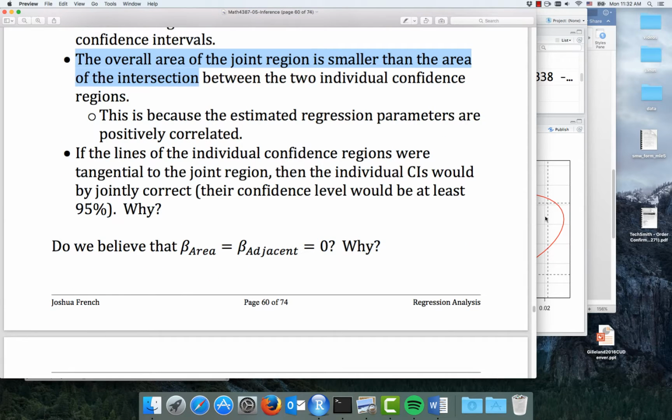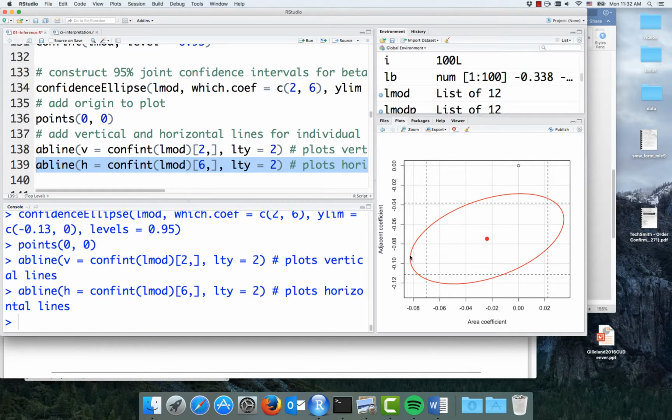And if the lines of the individual confidence regions were tangential to the confidence ellipse, so that means it would just intersect at this one point right here at the end, and then the horizontal direction would be right here and right here, then in that case, the individual confidence regions would also satisfy the joint confidence statement.